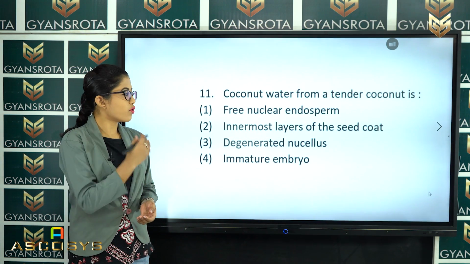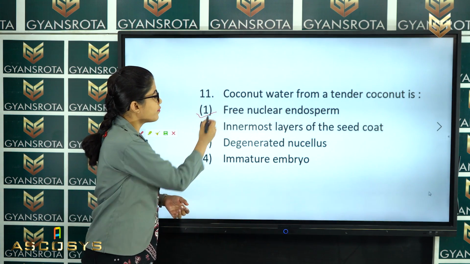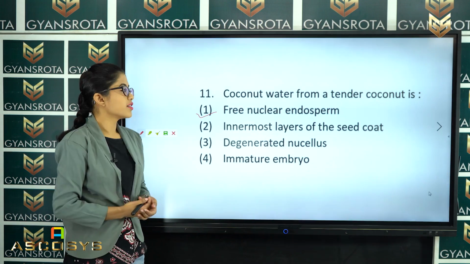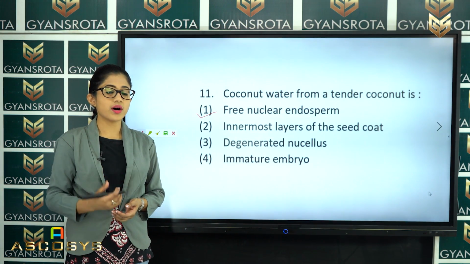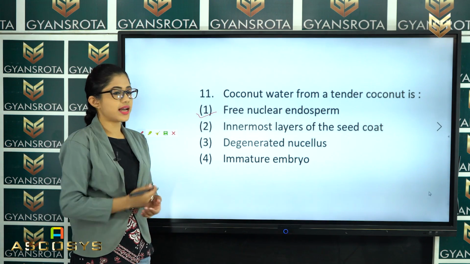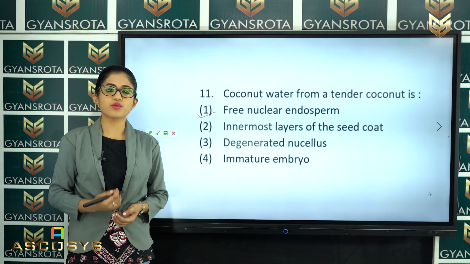So among these 4 options, what is the correct answer? That is the option number 1, free nuclear endosperm. So the coconut water from a tender coconut is nothing but what? It is a free nuclear endosperm, which means option number 1 is the correct answer of this question.